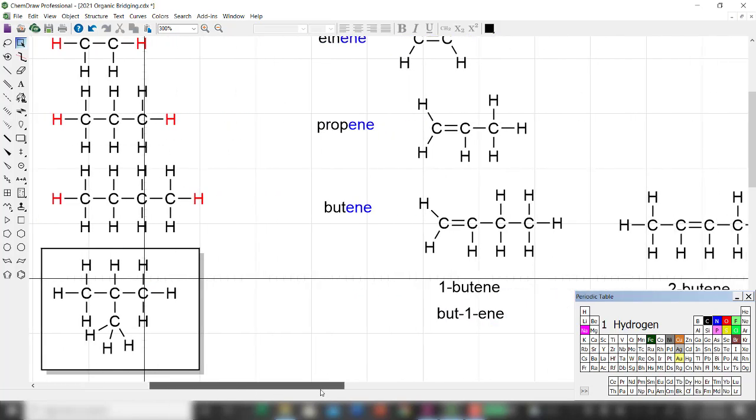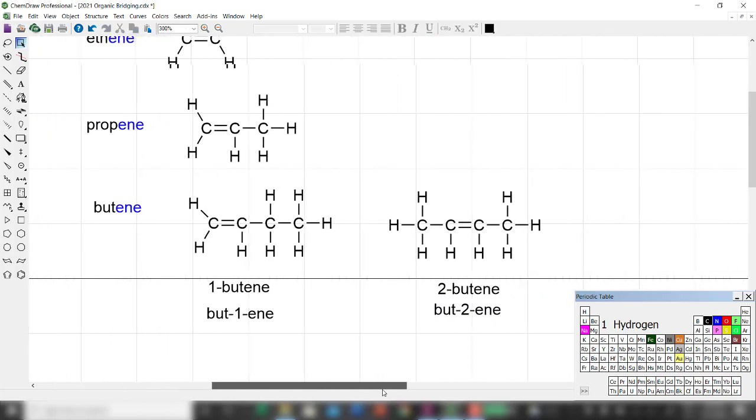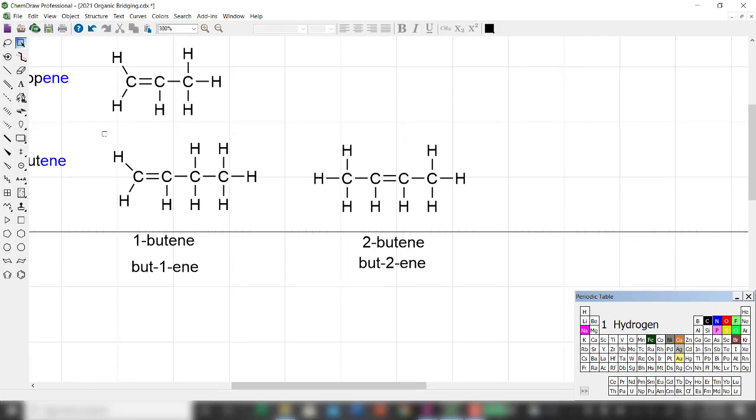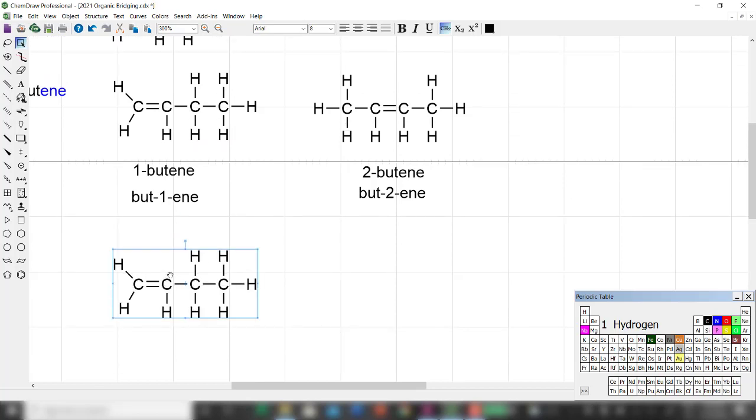Again, with the same idea, we can also shift the group around. So I'm going to show you another possible isomer. I can have a carbon here with 3 H's, so 1, 2, 3.